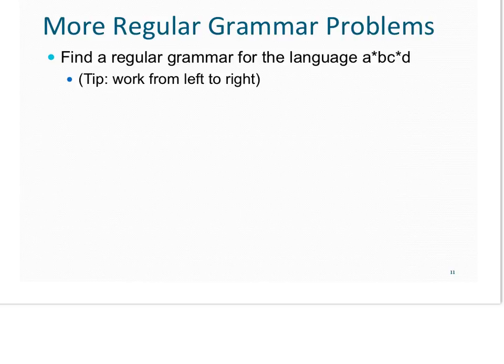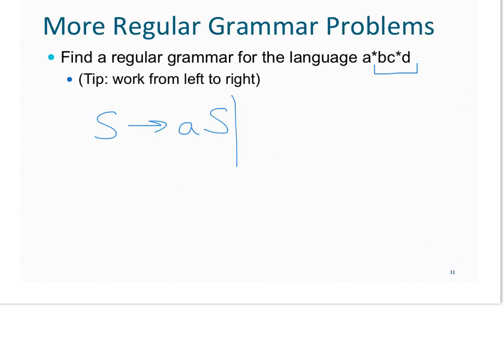So let's see, I'm going to start with S for a change, or to get back to normal. And I'm going to say S can be little a S, or it can go to the rest of this stuff, right?